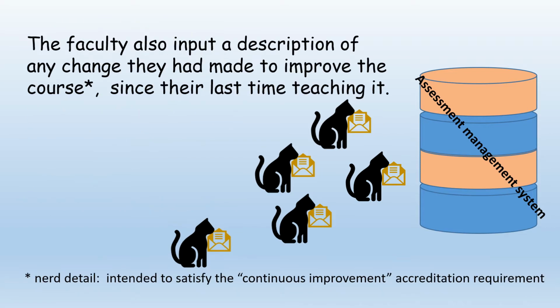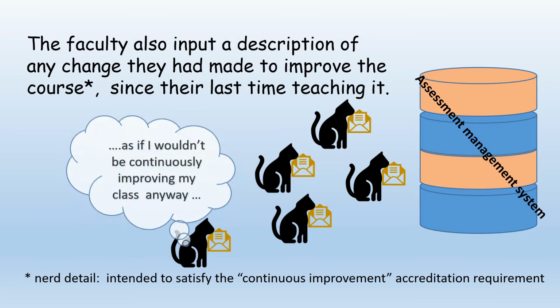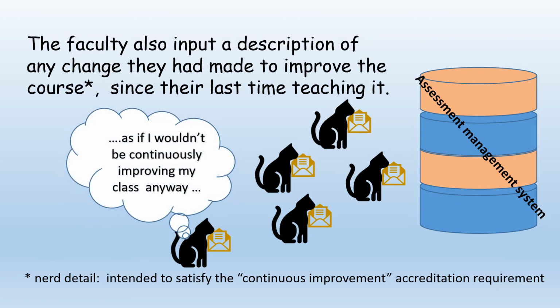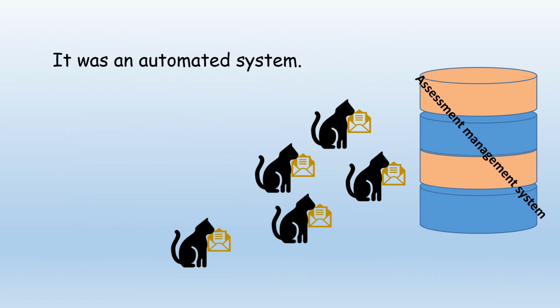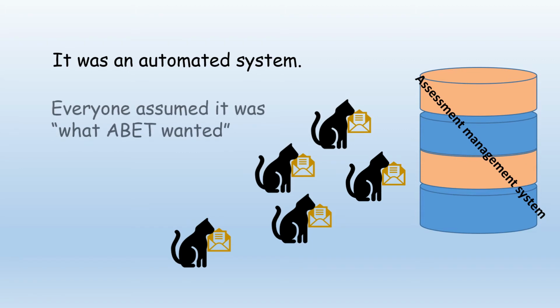The faculty were required also to input a brief accounting of how they had improved the class to demonstrate continuous improvement. The computer-based management system was so automated, faculty rarely thought about it. Everyone just assumed that this system was what ABET wanted.